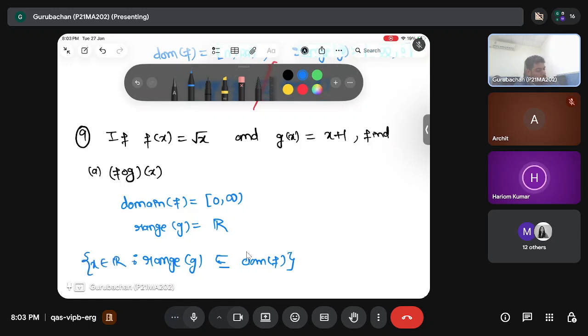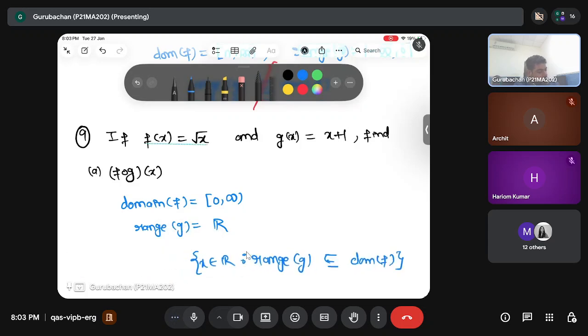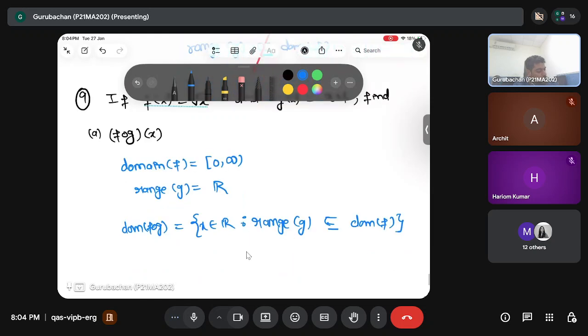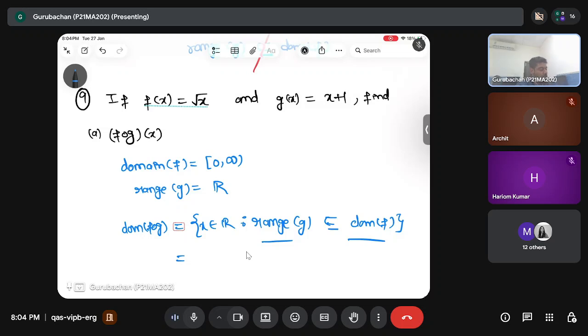Since we want to do the composition f of g, it is valid only for those domain elements for which this range is contained in this. So this is valid for only those points for which this is lying in this. Okay, so if you do the composition, this will be f of g of x.